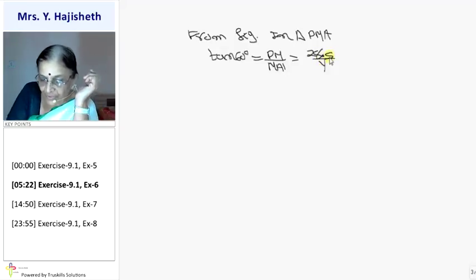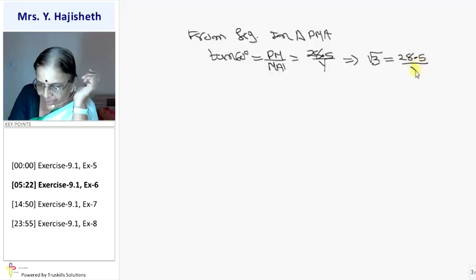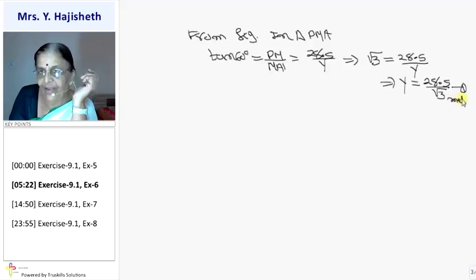Clear? So that implies root 3, tan 60 is root 3, is 28.5 upon y. And that implies my y is 28.5 upon root 3 meter. But I am not interested in getting y. I am interested in getting x.